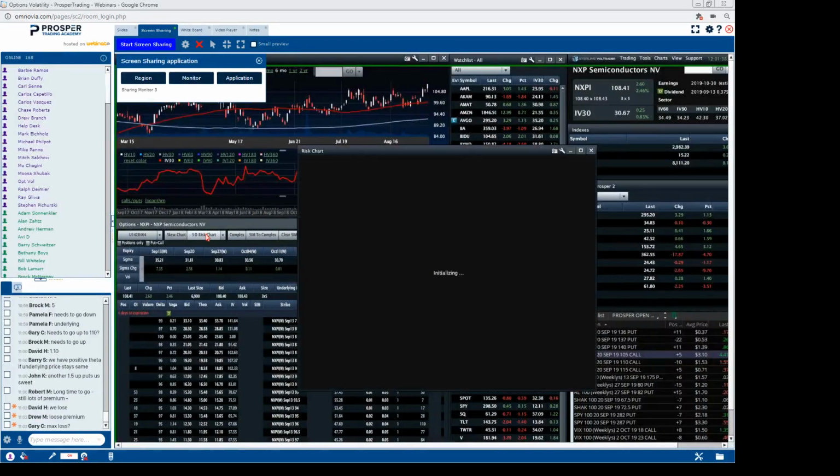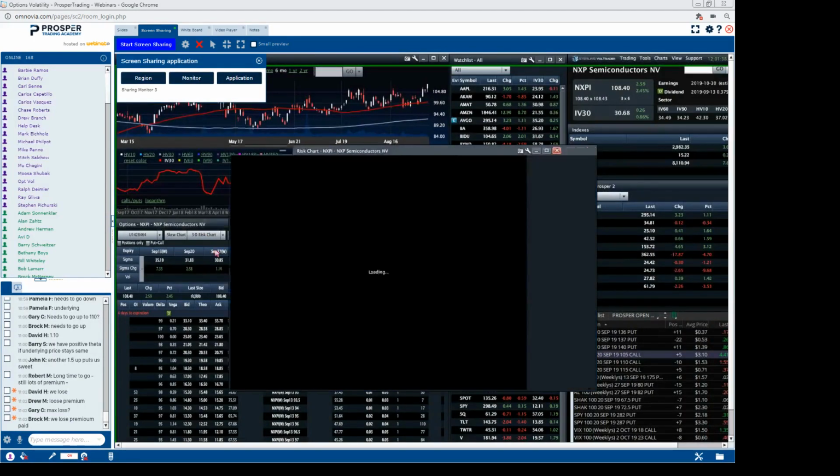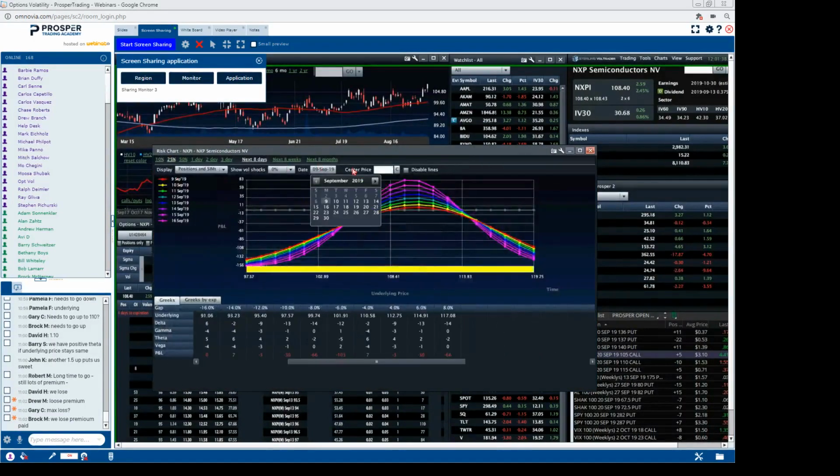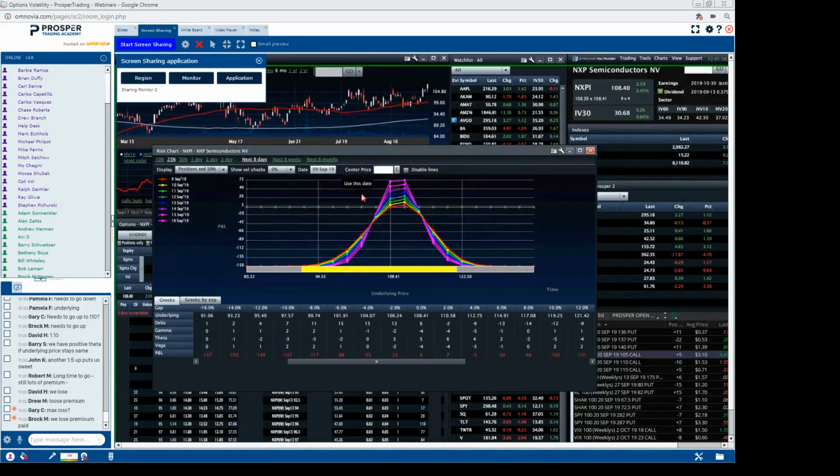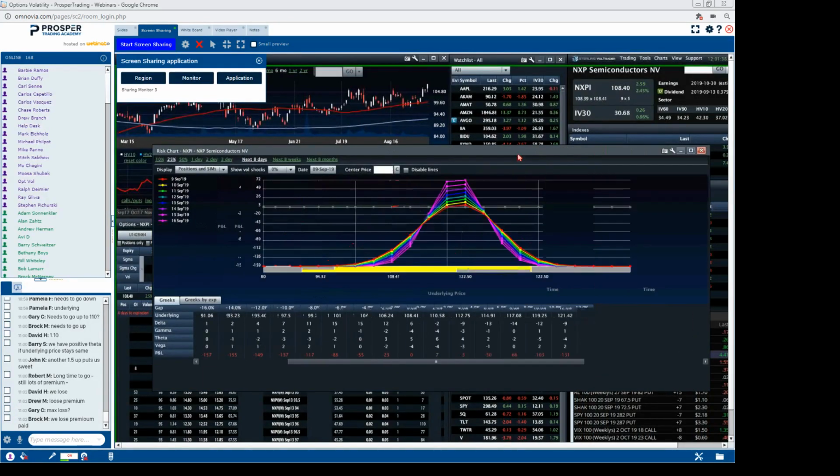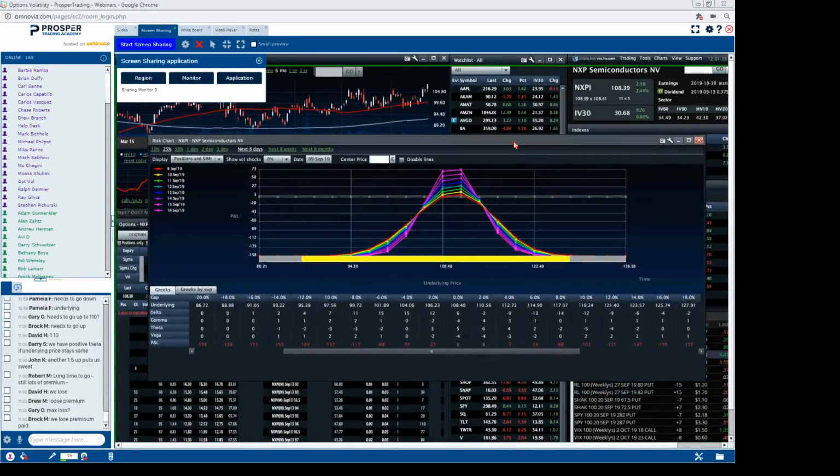Well, that max loss would not be likely, but listen, if the stock were to be 130 at expiration, yeah, the butterfly would be worth 0.